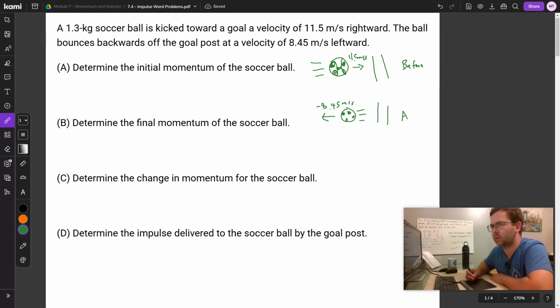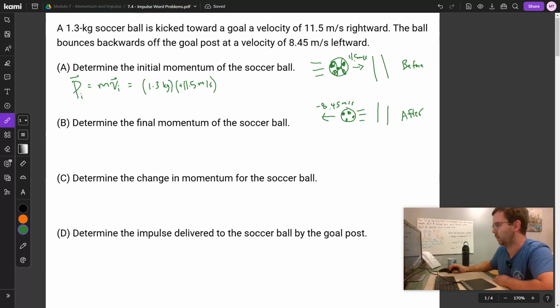It says, determine the initial momentum of the soccer ball. So momentum is mass times velocity. If we're talking about the initial momentum, then we're going to be using the initial velocity. So initially the ball is moving at a positive 11.5 meters per second. I'm going to put 1.3 as my mass, and then a positive 11.5, and I multiply these two together.